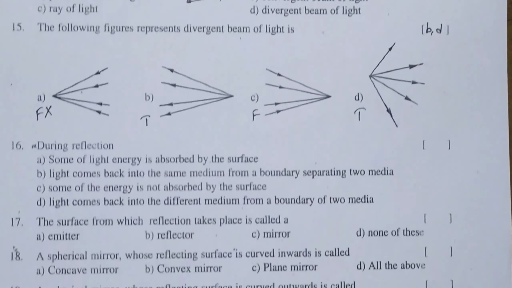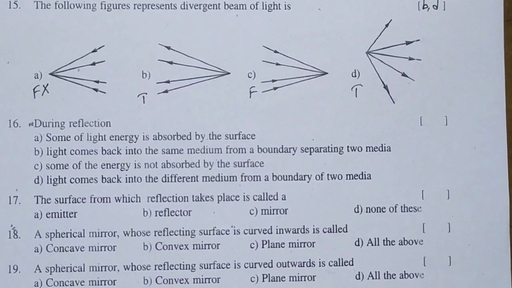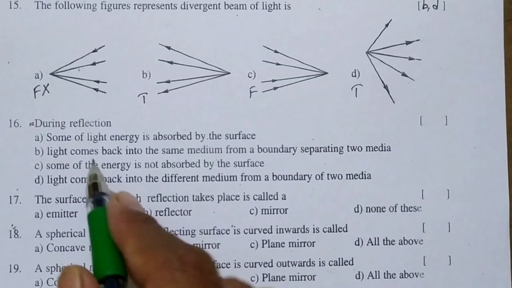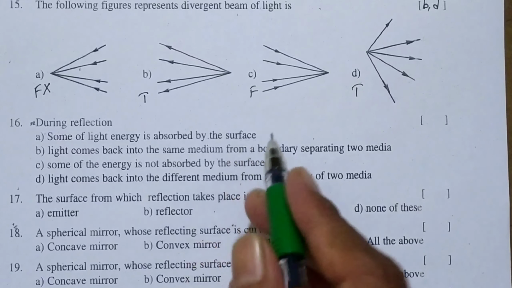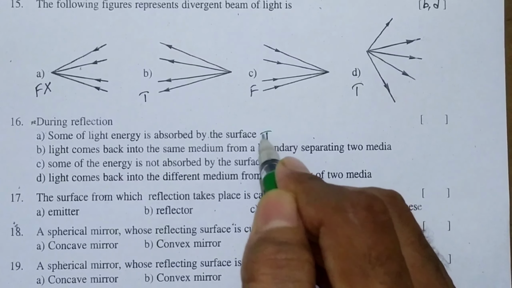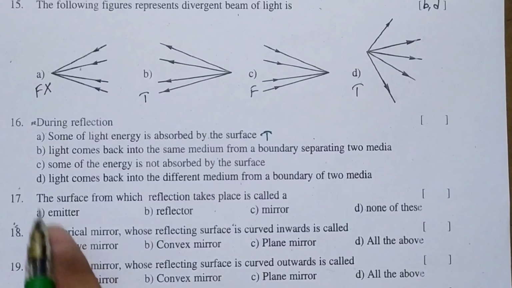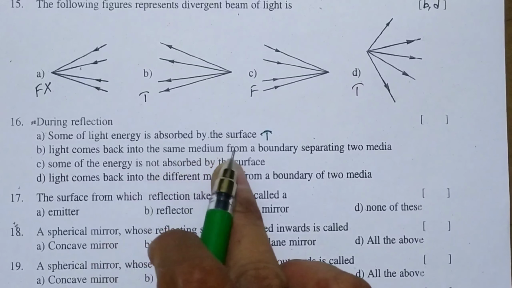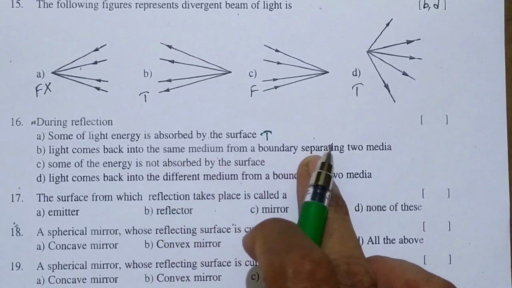Now let us see question number 16. During reflection, what happens? Let us see the first one. Some of the light energy is absorbed by the surface. This is true. A bit of the light energy can be absorbed by the surface during reflection. Light comes back into the same medium from a boundary separating two media. This is what you see from the laws of reflection.